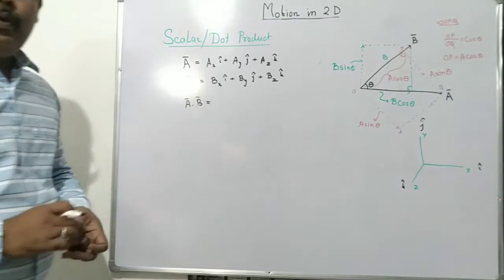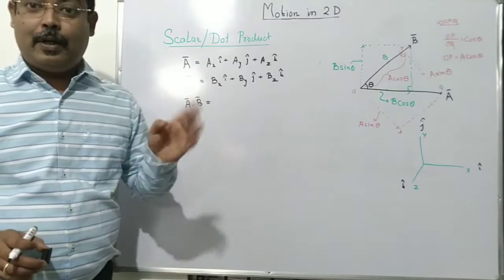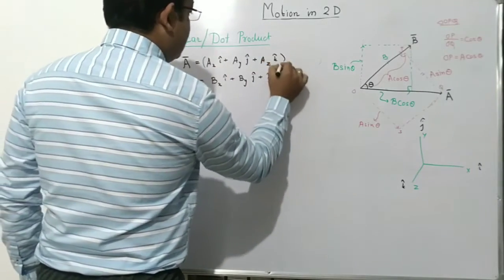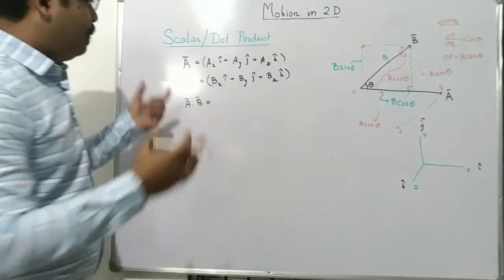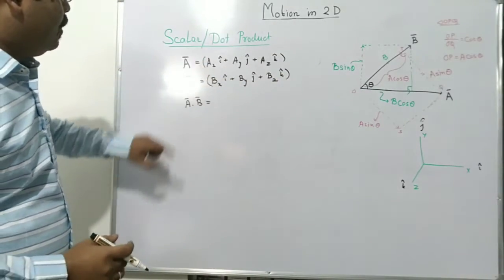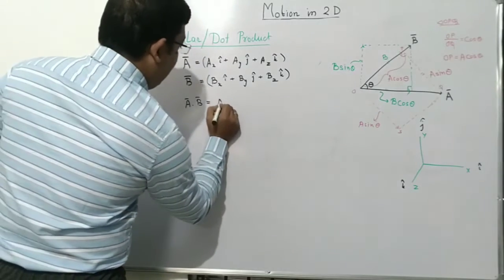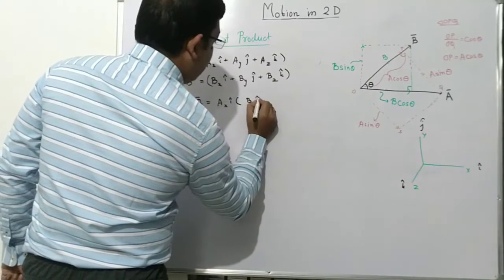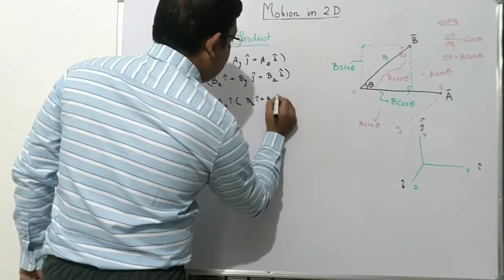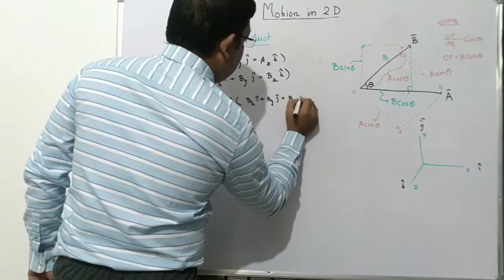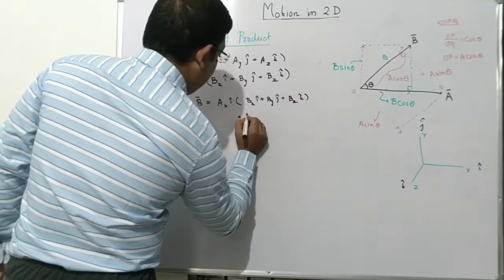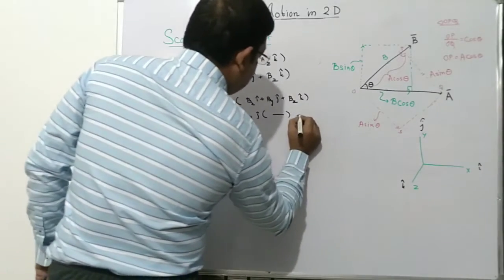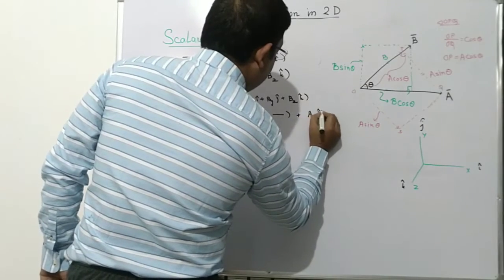Now to take this product, we will make use of the second property, that is, the dot product is distributive. So if I take a dot product between this and this, we can open this up and say that this dot product is equivalent to Ax I cap into Bx I cap plus By j cap plus Bz k cap, plus Ay j cap into the same term, plus Az k cap, the same term.